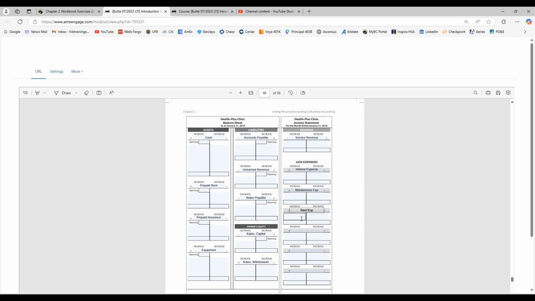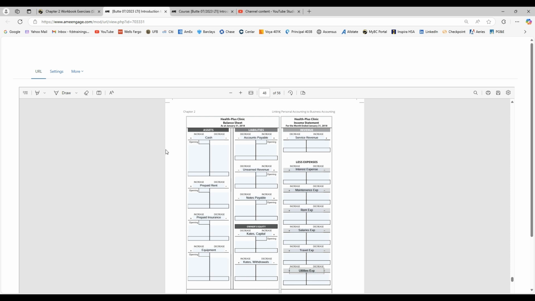Rent expense. Salaries expense. Travel expense. And finally, utilities expense. Okay, and that is all of the accounts that we are going to need for this problem.